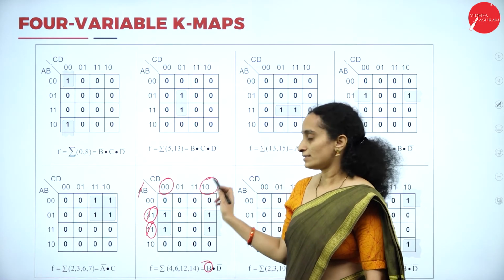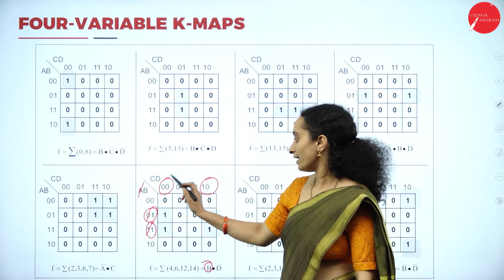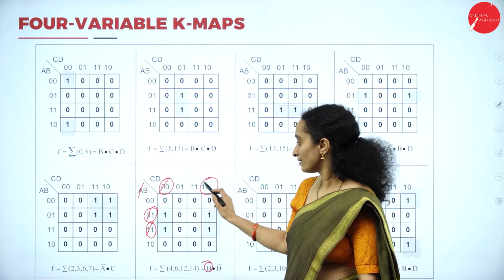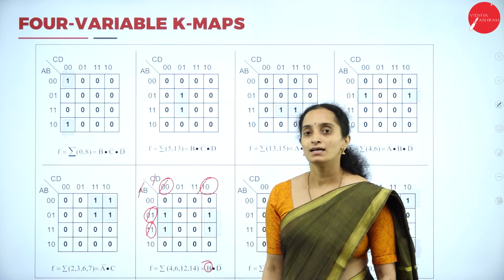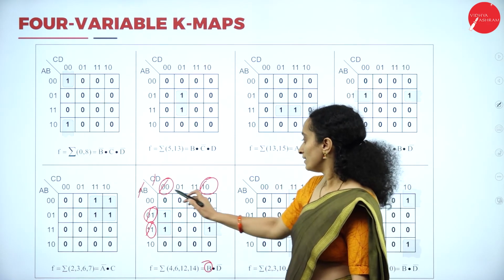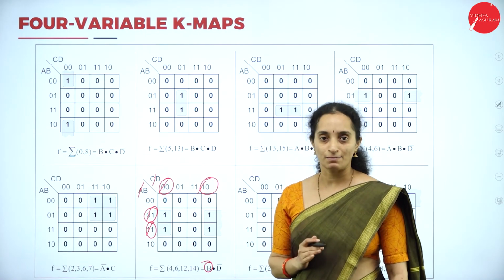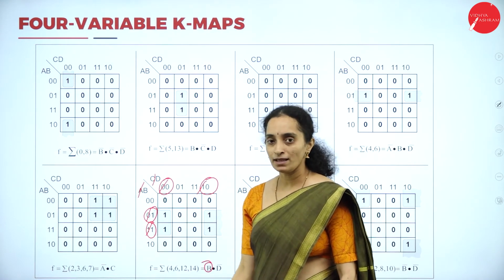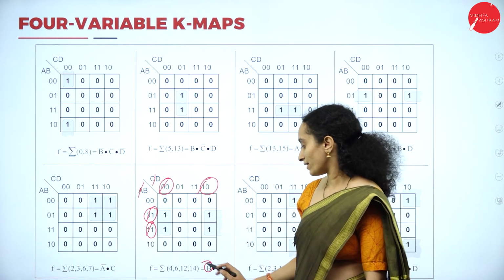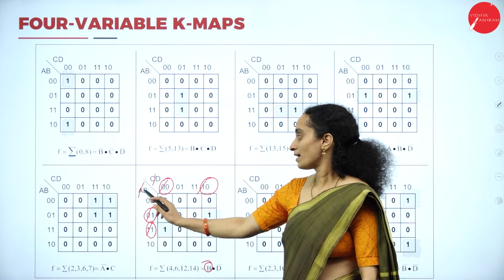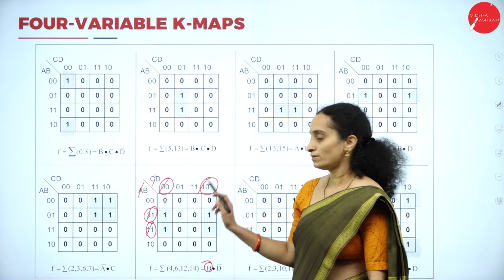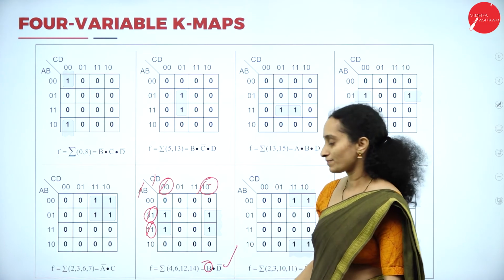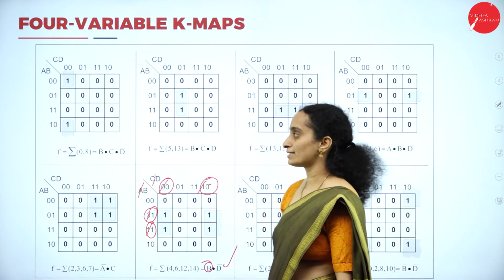Now we have C and D, where C is changing its state. What must be done? C must be ignored. D is remaining in the same state, that is the complement state. D can be retained. The final expression is B into D dash. Okay, this is the example.